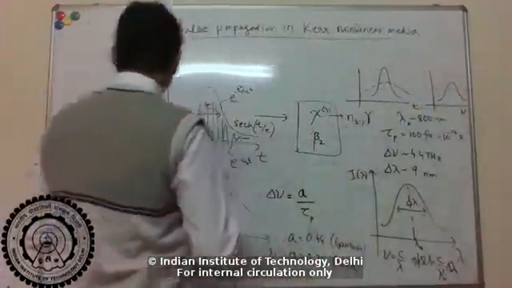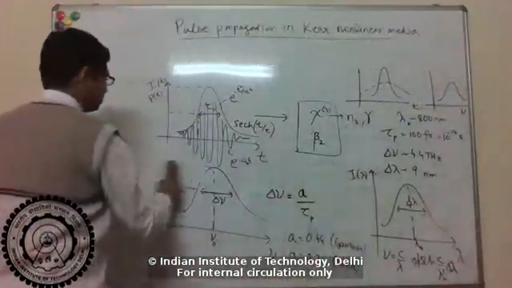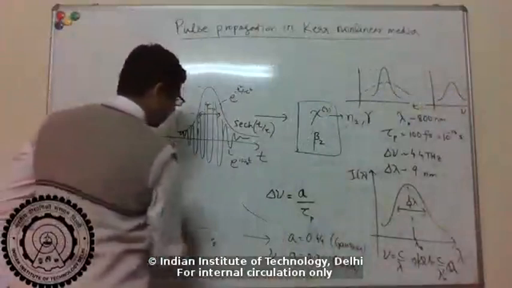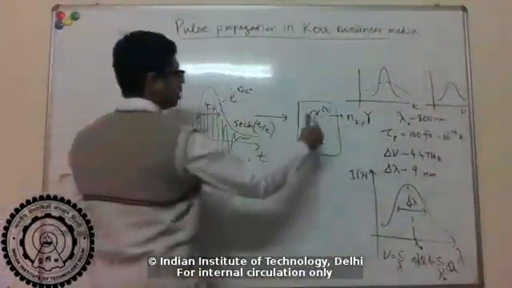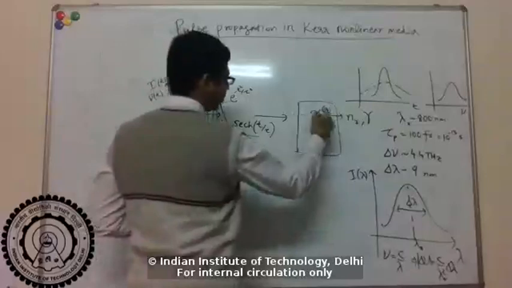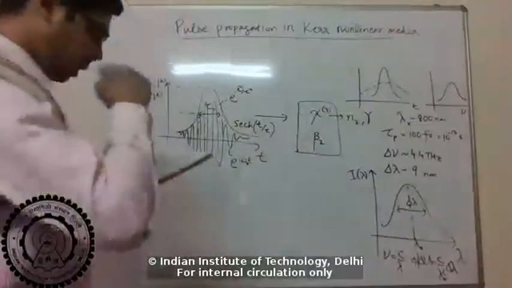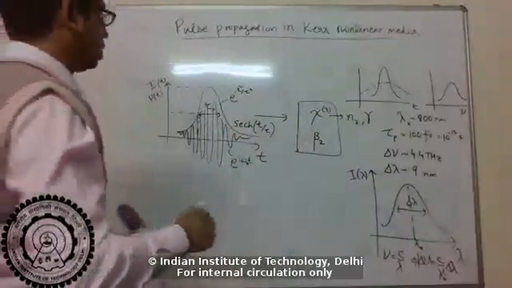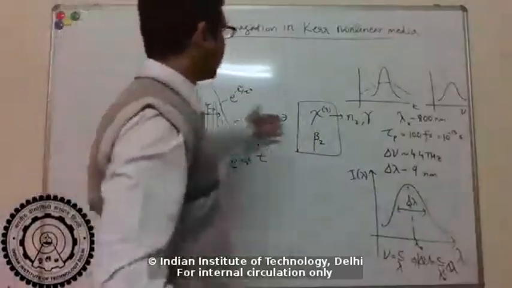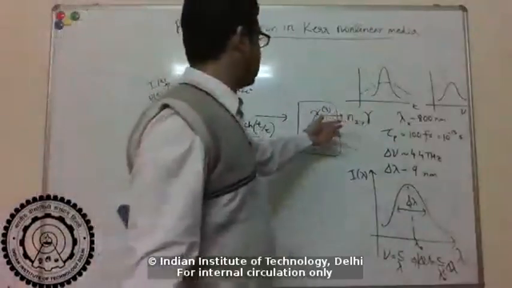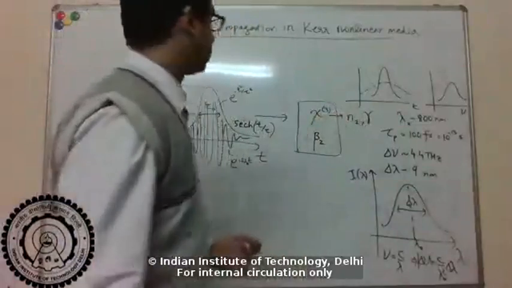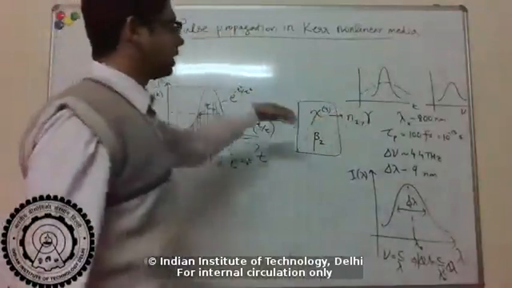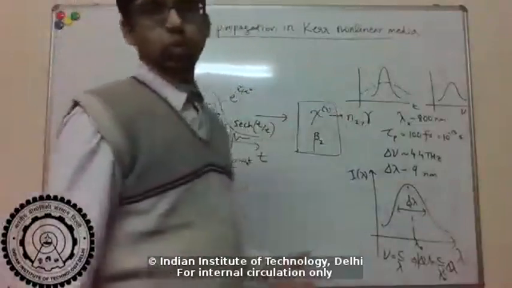Now, let's try to imagine what will happen for a medium which has nonlinearity. We know that when a field propagates through a Kerr nonlinear medium, it can experience what is called self-phase modulation. Depending on its own intensity, it modifies its own phase.